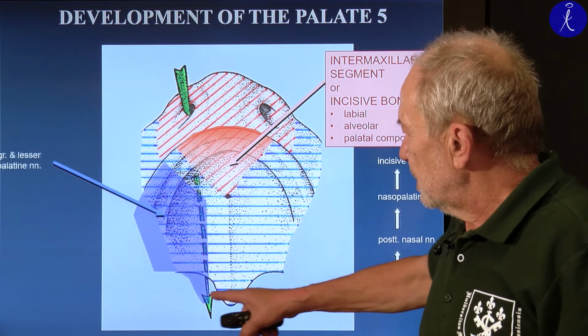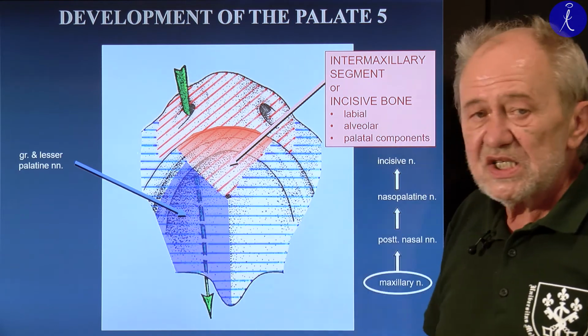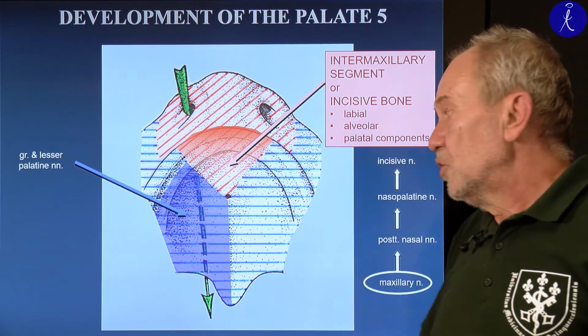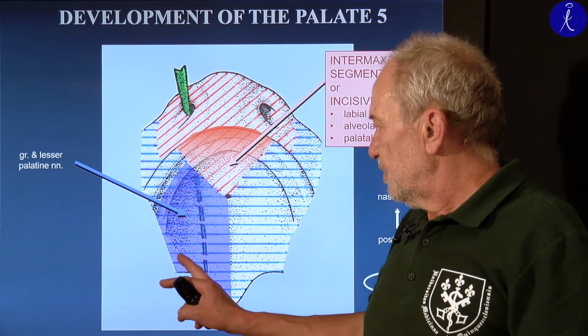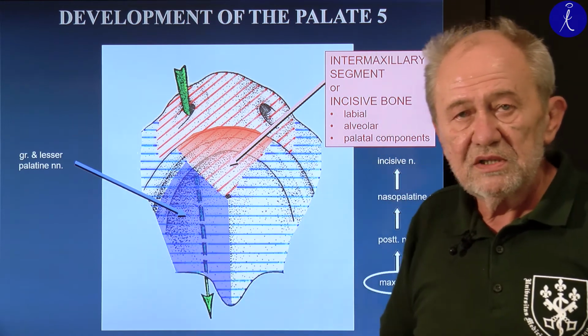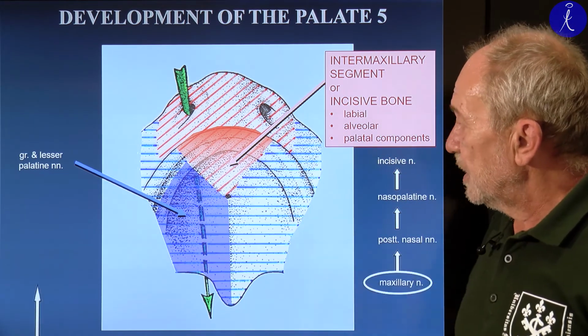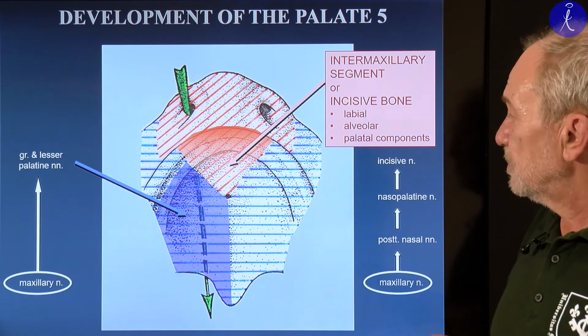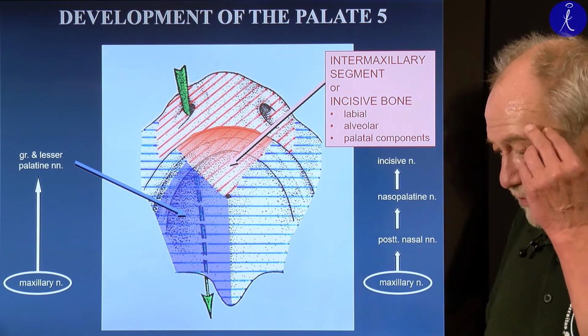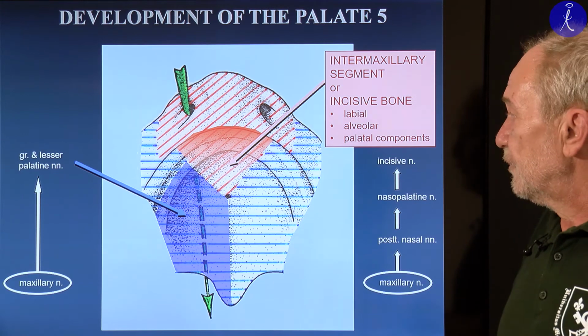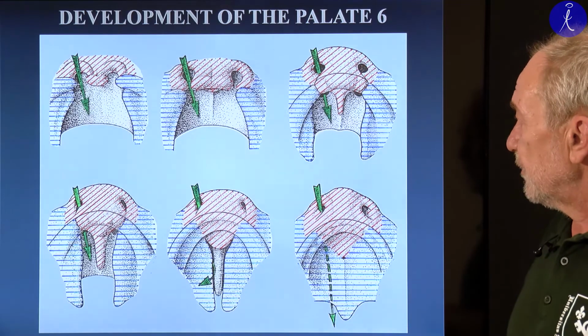The rest of the palate is innervated by the greater and lesser palatine nerves. I hope you remember the greater and lesser palatine foramina at the posterior part of the hard palate. These palatine nerves are also branches of the maxillary nerve, so altogether the first pharyngeal arch nerve, or branchial nerve, is responsible for innervation.